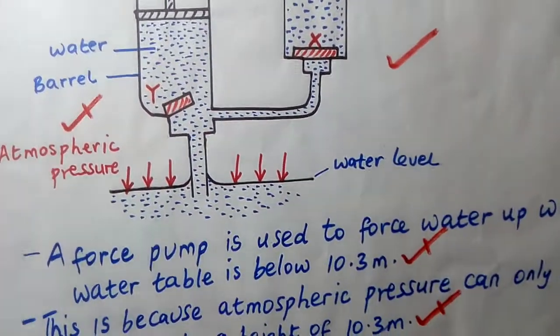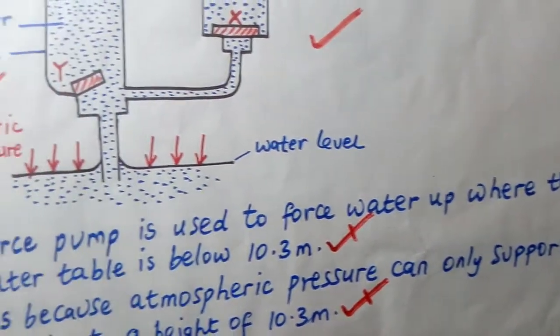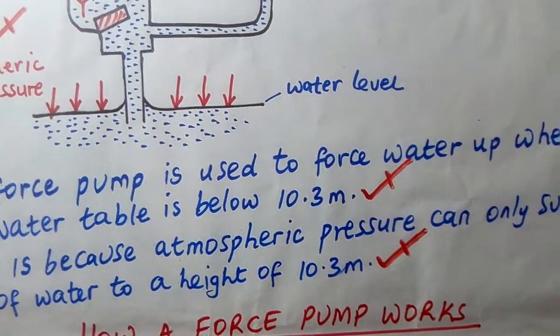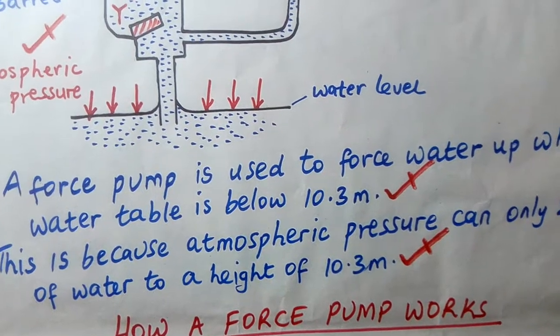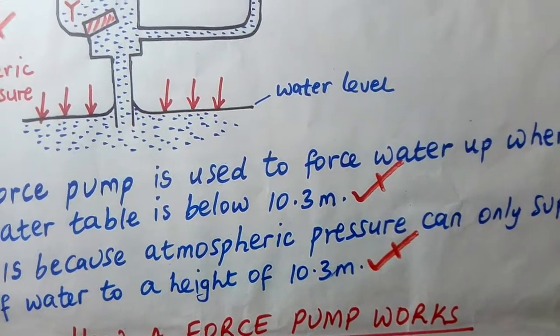So we are saying a force pump is used, as the word says, to force water up where the water table is below 10.3 meters. Sometime back we said atmospheric pressure can only support a water column up to a level of 10.3 meters.